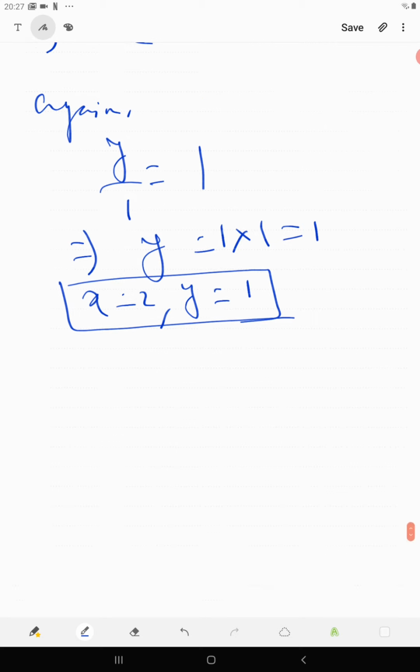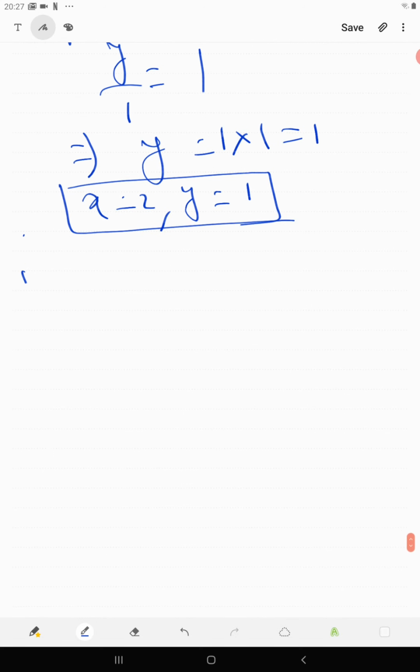Now, let's move on and do the third problem. So what is the third problem? The third problem is 3x minus 5y. Okay, I am directly writing, you need to do it.